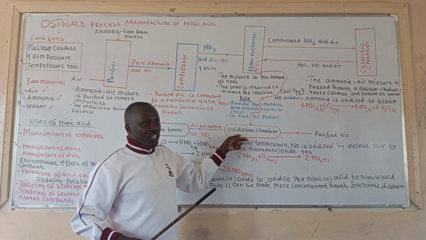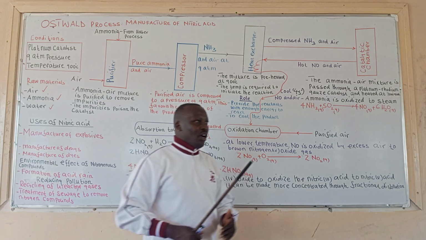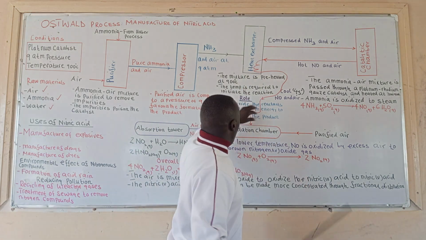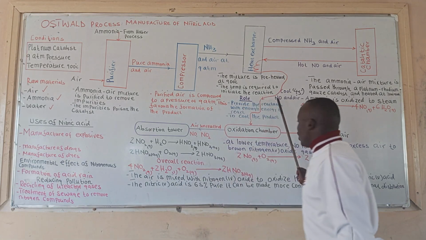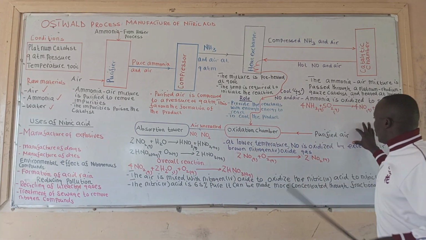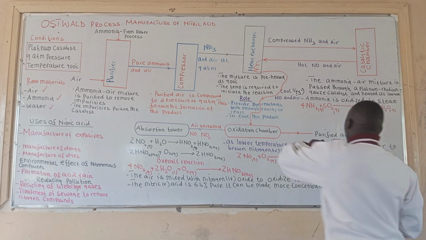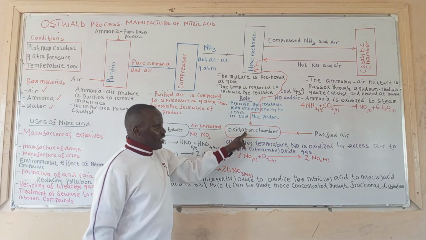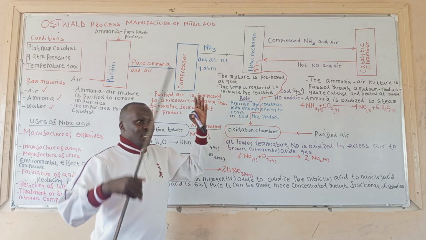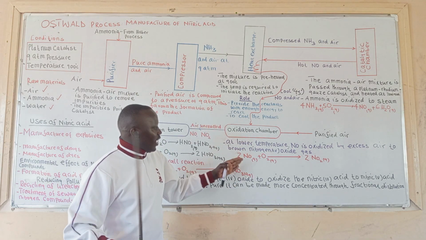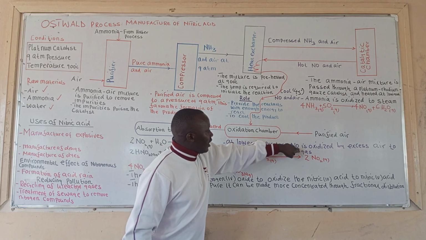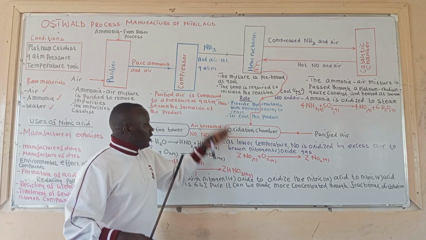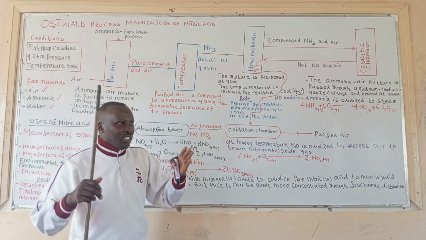Now we have the oxidation chamber. In the oxidation chamber, oxidation is normally the addition of oxygen to a substance. So we have the nitrogen 1 oxide, and then we add purified air. We have purified air and the nitrogen 1 oxide in the oxidation chamber at this low temperature of 45. Then the nitrogen 1 oxide is oxidized by excess air to a brown nitrogen 4 oxide gas.